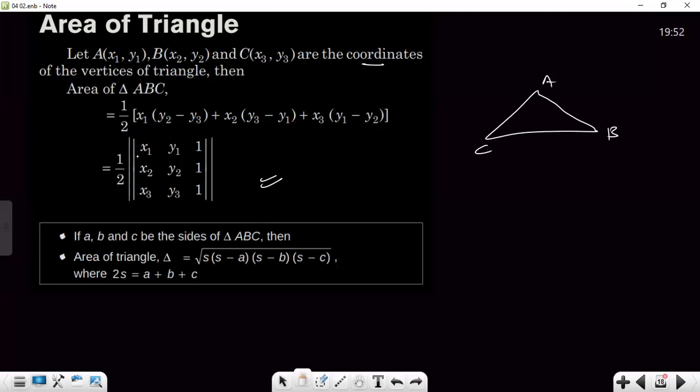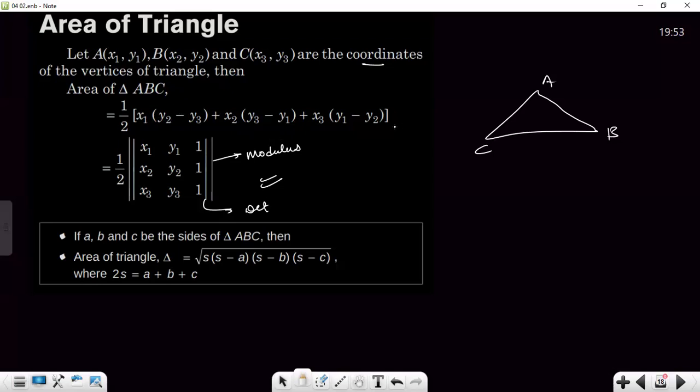Okay. And there are double bars. So this is for the determinant. And this is the modulus function to take the positive value only. Okay. The expression of the same is written above. X1 y2 minus y3 plus x2 y3 minus y1 plus x3 y1 minus y2. So here, simple pattern.